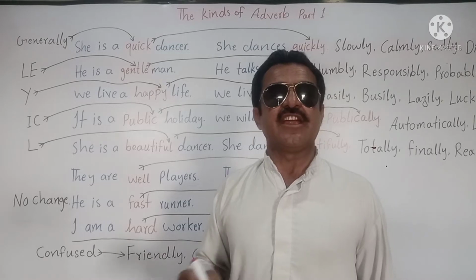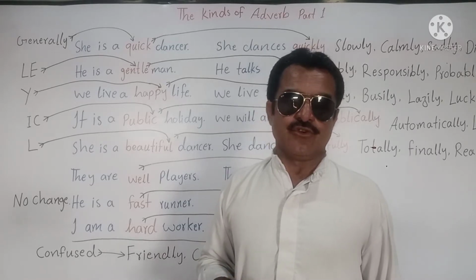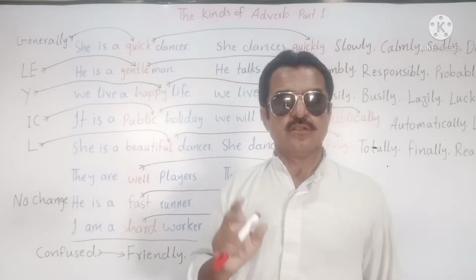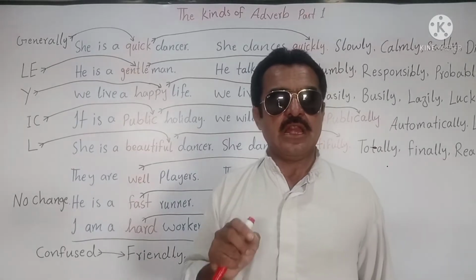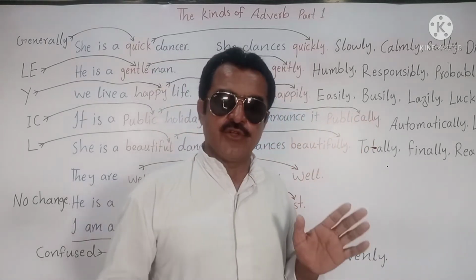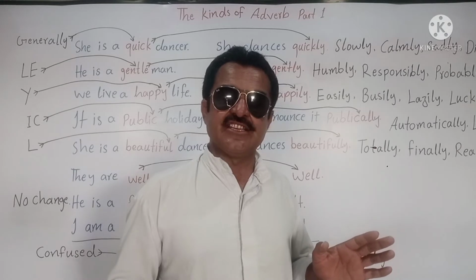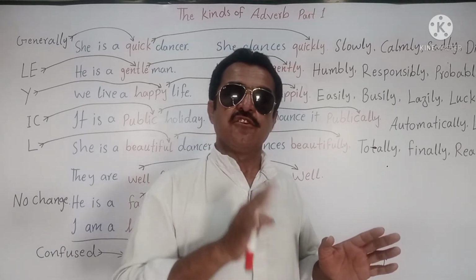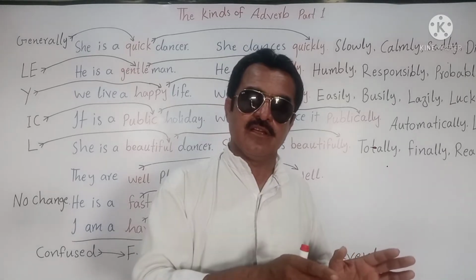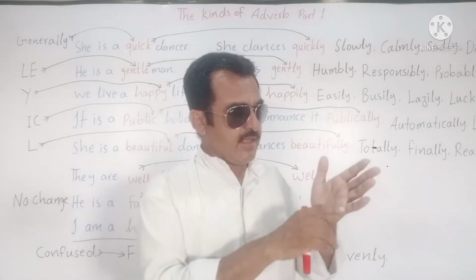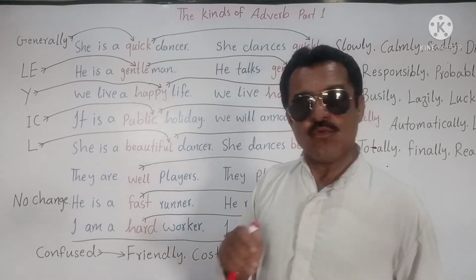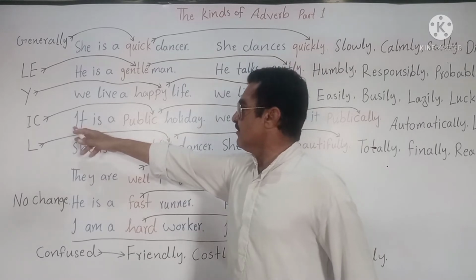For converting it into an adverb, you have to put a l l y, means you have to add four more letters, double l and y. You can see the examples now.